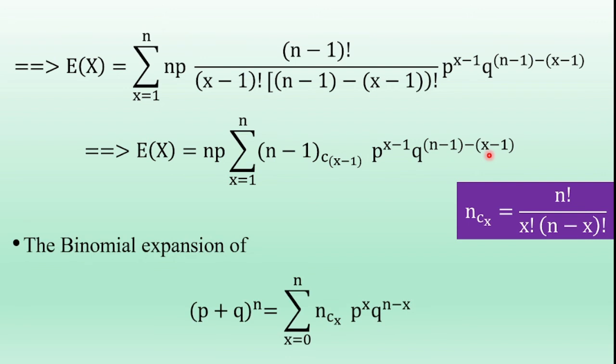We know that the binomial expansion of (p plus q) whole to the power n is sigma x equals 0 to n of nCx into p power x q power n minus x. Using this standard expression, the RHS term of this equation is written as (p plus q) whole to the power n minus 1.